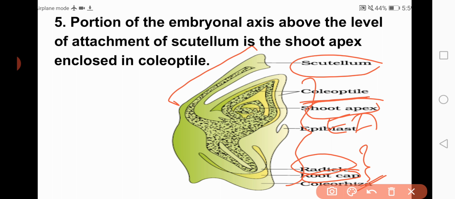Once again I'll repeat. The monocot embryo, it has got two parts, an embryonal axis and a single cotyledon.